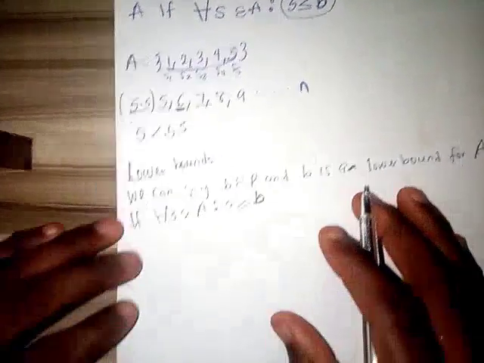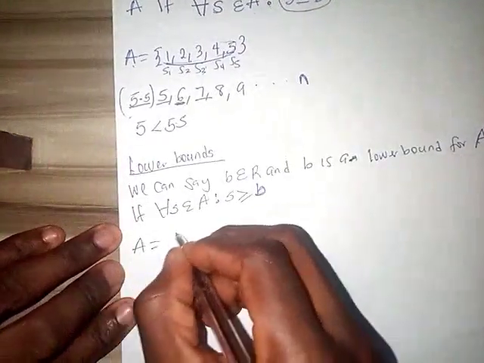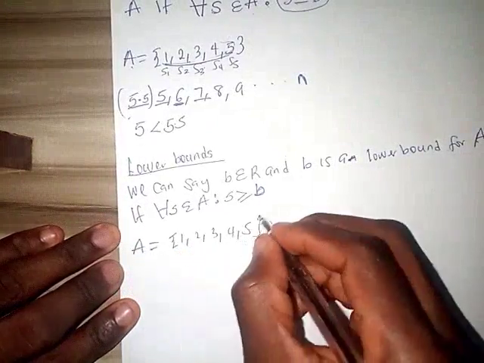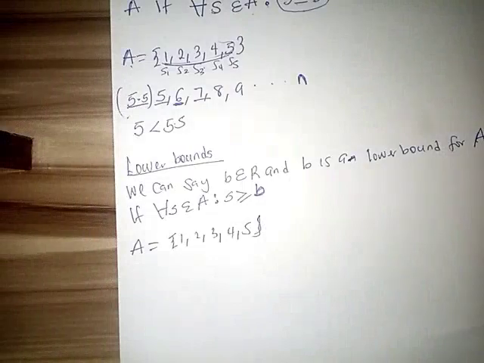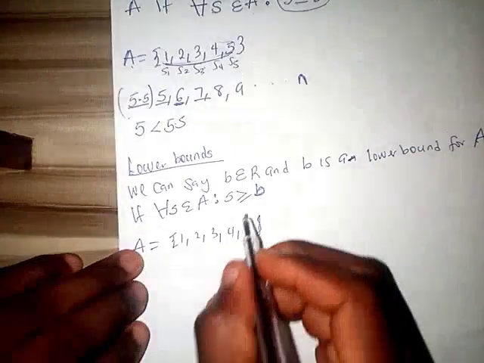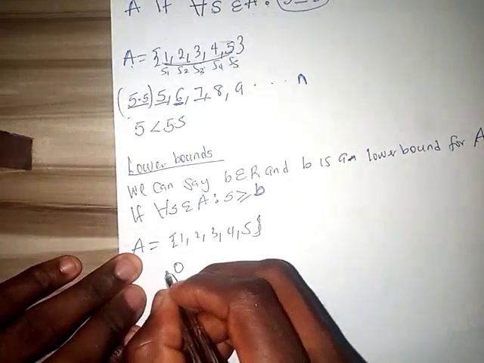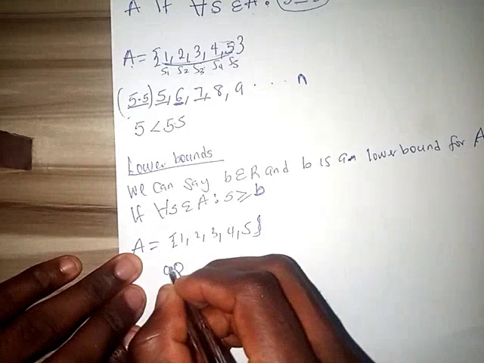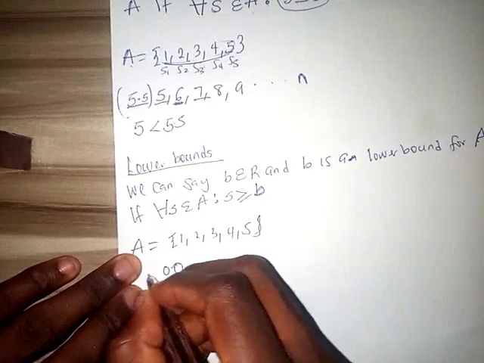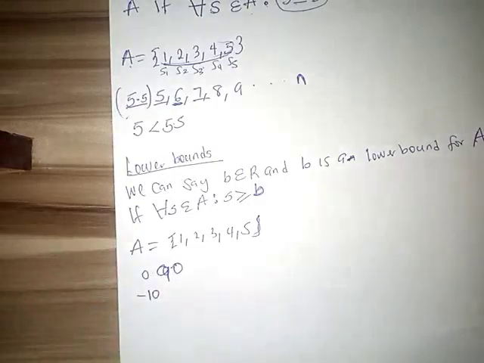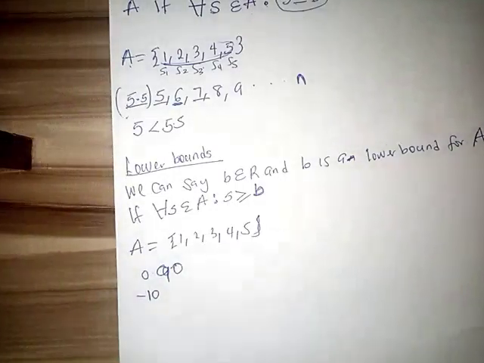Now for example, let's say you have A equal to 1, 2, 3, 4, 5. We have talked about the upper bounds of this. Now let's talk about the lower bound. What are the numbers that are lower than this? 0, 0.9 is part, minus 10 is there, minus 100, minus 1 million. It is there.